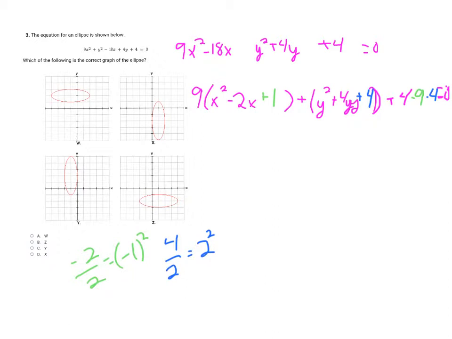And so now I'm just going to have this 9, and I'm going to factor the x squared minus 2x plus 1 into (x minus 1) squared, plus, and then I'm going to factor the y part into (y plus 2) squared, and then 4 minus 9 minus 4 is a minus 9 equals 0.